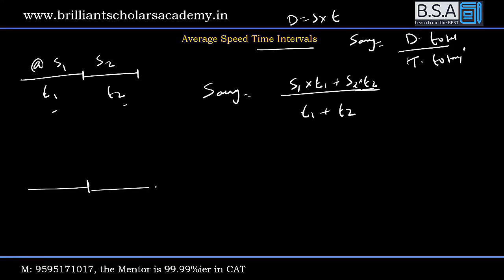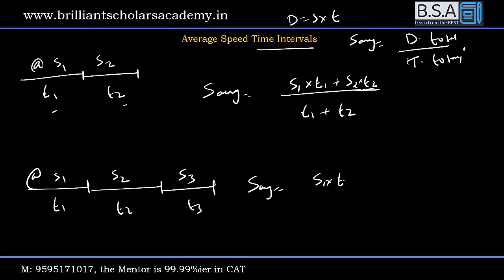If there are three intervals, not a very big deal, t1, t2, t3, at the speed of s1, s2, and s3. So the formula looks very simple.